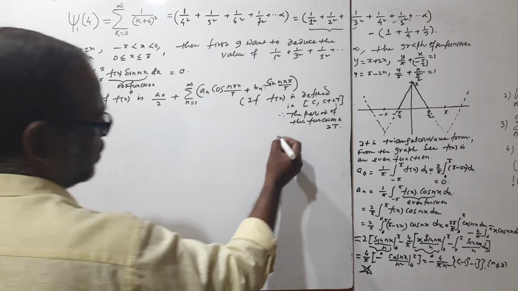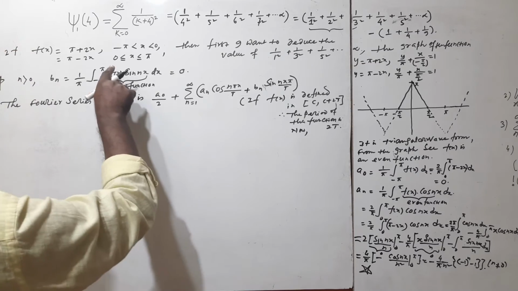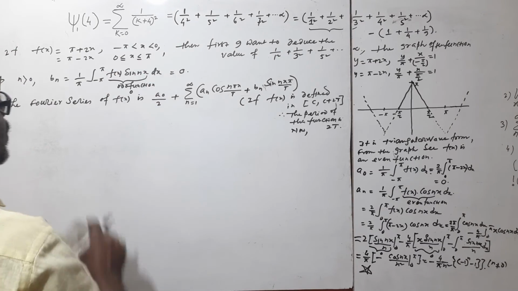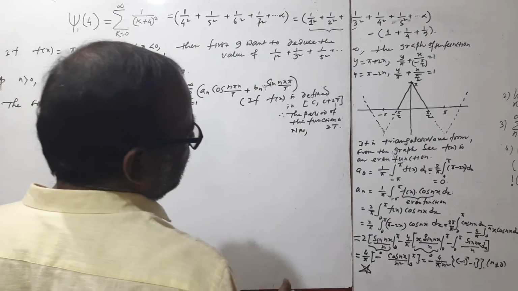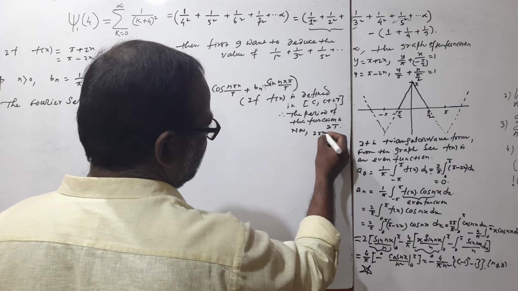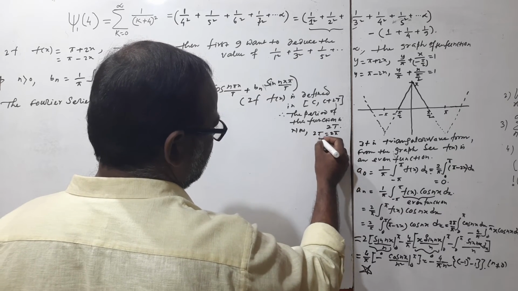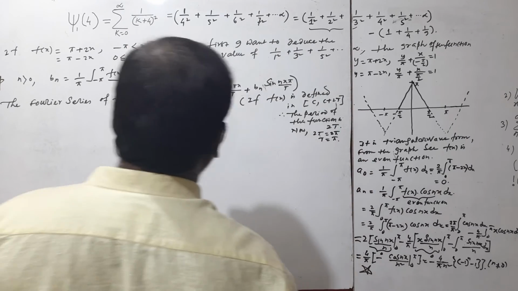Now see, it is defined from minus pi to pi, so for that the period of this function is 2 pi. So 2t is equal to 2 pi, so t is equal to pi.